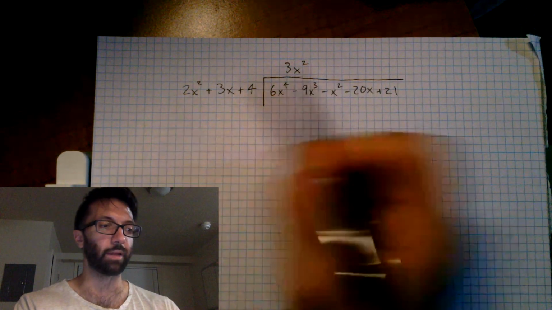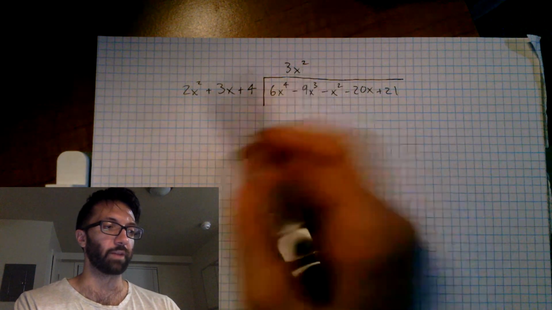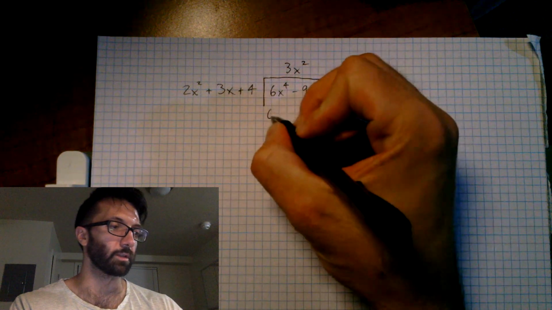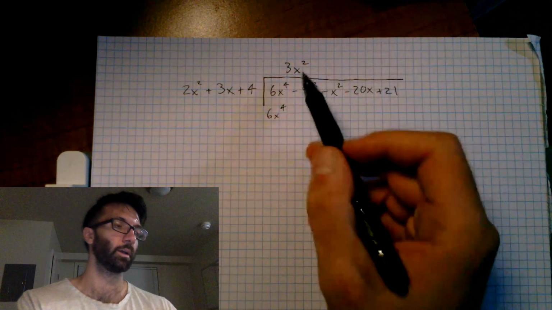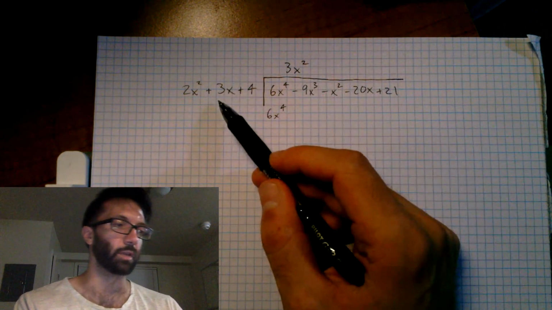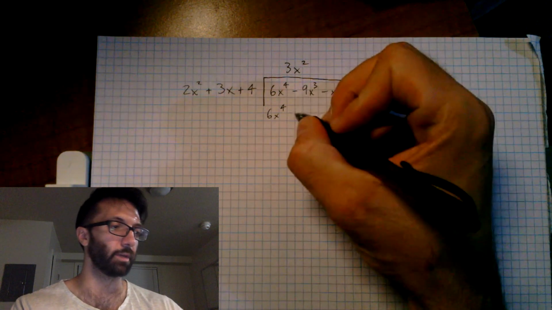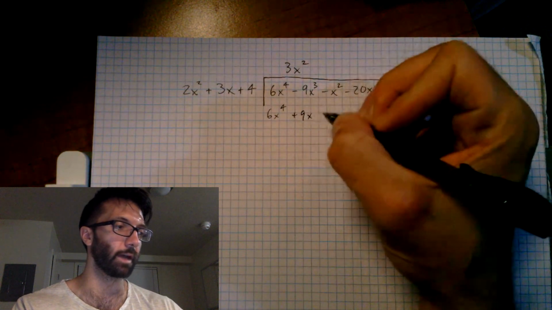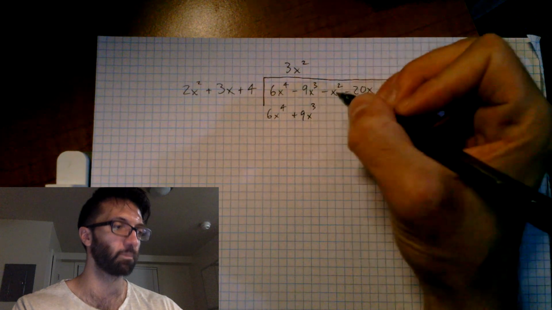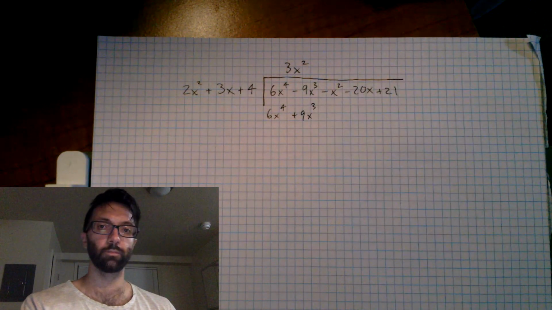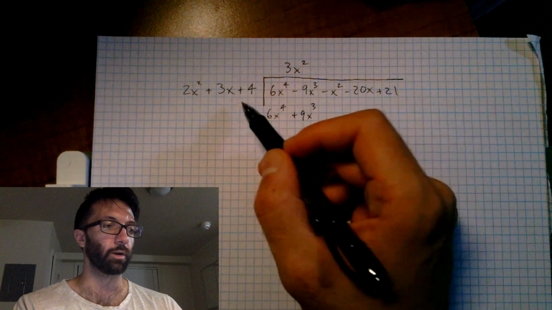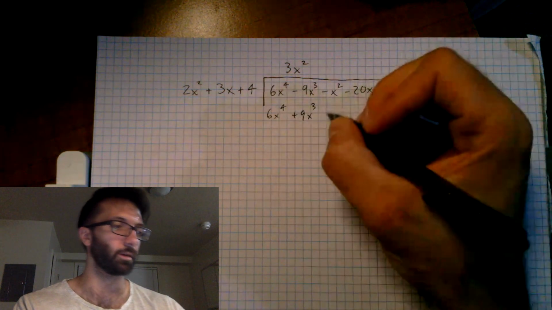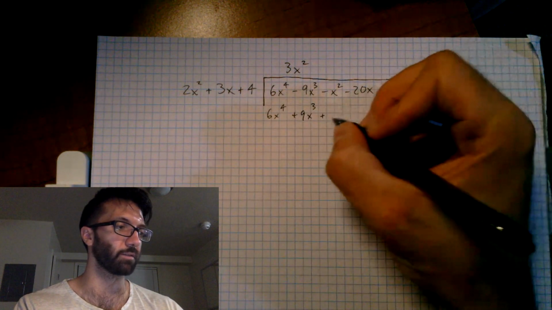And now we multiply that through. So 3x squared times the 2x squared gives us the 6x to the 4th. 3x squared times a positive 3x is going to be a positive 9x to the 3rd. And then 3x squared times a positive 4 is going to be a positive 12x squared.